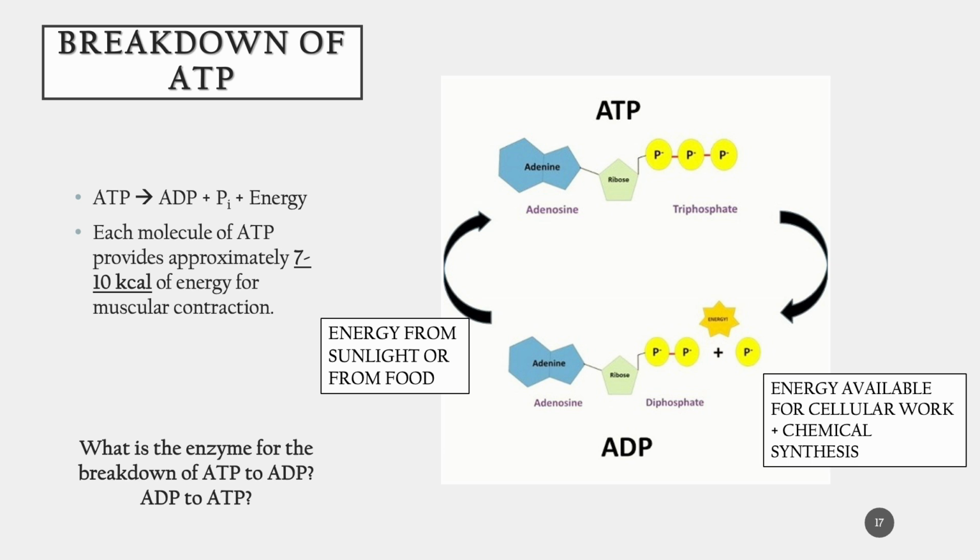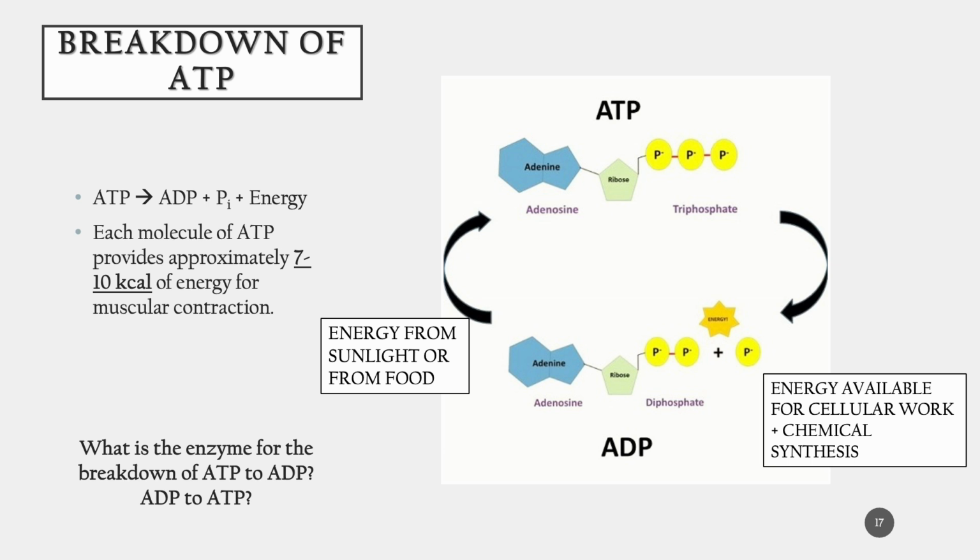So to break down ATP, like to break our pencil, we're using the enzyme ATPase. Now, in order to synthesize it back up, we have to form a product. So what we're going to be using then is ATP synthase, S-Y-N-T-H-A-S-E, ATP synthase.